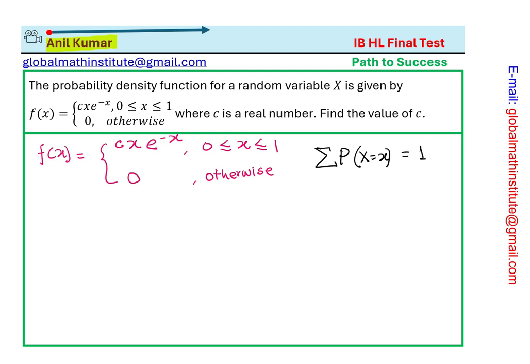And this adding up is basically a process of integration, and therefore we need to integrate the function. As you know, it is from 0 to 1 that it has a value given by the expression c x e to the power of minus x, otherwise it is 0. So we will do the integration from 0 to 1 of the function f of x dx, and this should be equal to 1.